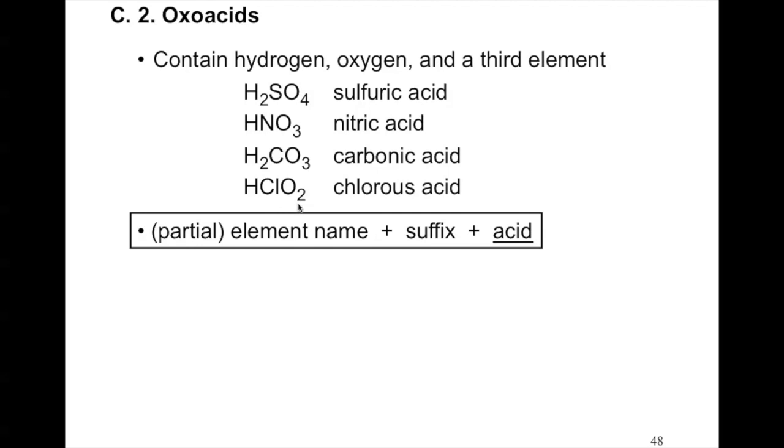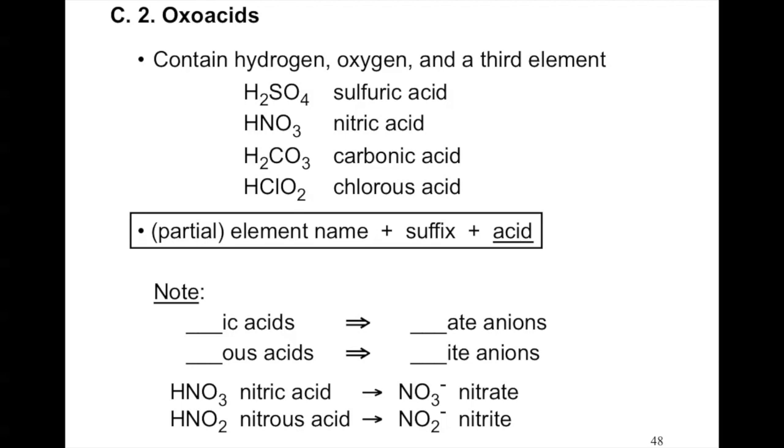So the way you name them is the following. All of the oxoacids that have the polyatomic ion in them that ends with the ATE ending, you name by using the partial element name, add ic and acid. So H2SO4, you don't name it dihydrogen sulfate.